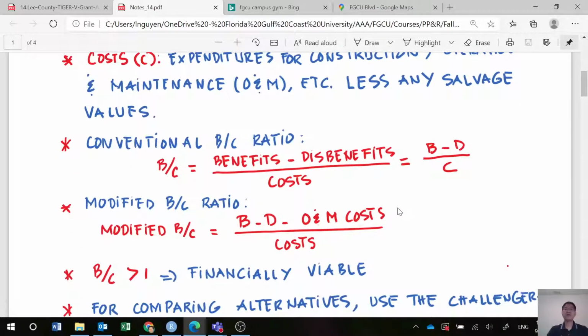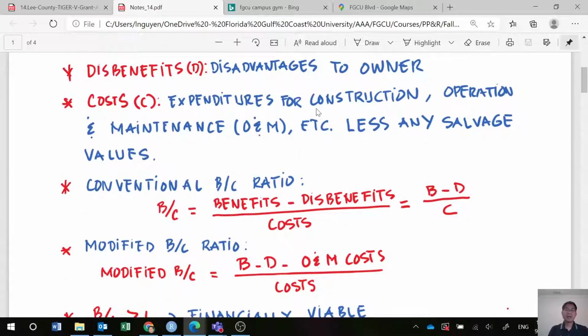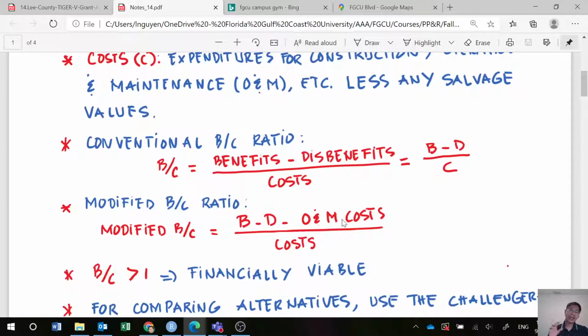Some other people use modified B over C. It's similar to B over C, but for the cost, they separate the expenditure for construction and operation and maintenance. They put the operation and maintenance cost on top, and the initial cost in the denominator. That is modified B over C. For this class, you can use either method, conventional B over C or modified B over C. It's up to you.